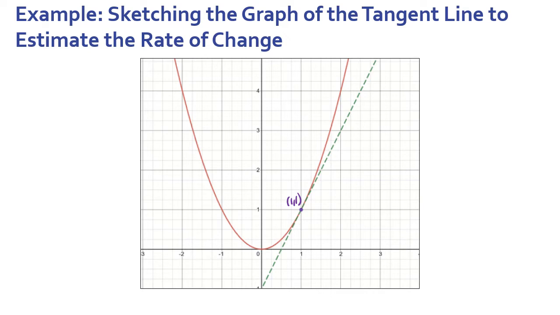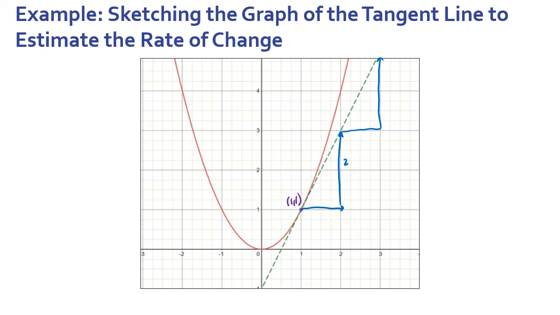So when x equals 1, the rate of change we can see using slope. So it looks like it goes over 1, up 2, over 1, up 2. So we can see that that slope again is that change in y over the change in x, that rate of change.